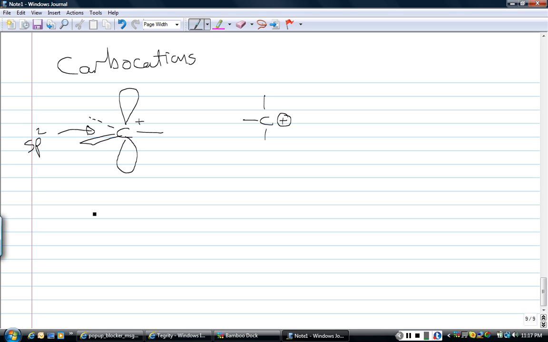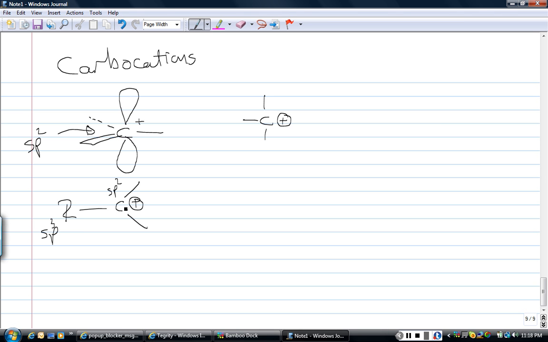So bear in mind, if I have a carbon that's sp3 hybridized, and I attach it, for example, to a carbon that's sp2 hybridized, this is sp3, and this carbon is sp2, well, what happens?